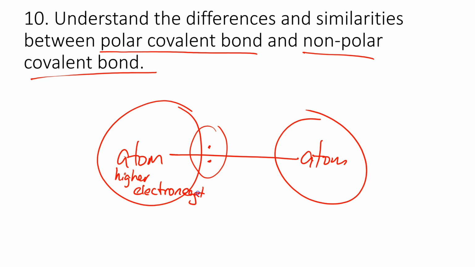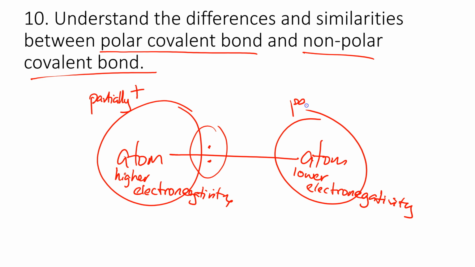Electronegativity is basically that this atom really likes electrons. It will pull the electron closer to itself. This atom has a lower electronegativity, so it does not have the ability to keep the electron to itself. That makes this atom partially positive, and this atom partially negative.